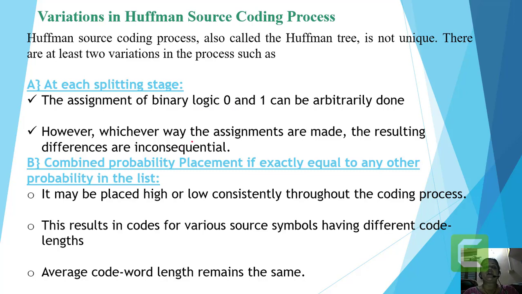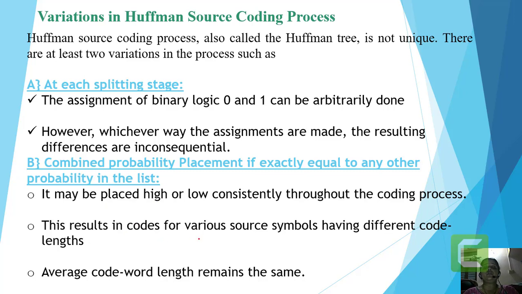And because of that, based on your way of assignments, the resulting differences will be inconsequential. Then, due to the second reason, that is combined probability placement, if exactly equal probability is existing, either we are placing that at a higher location or at a lower location.